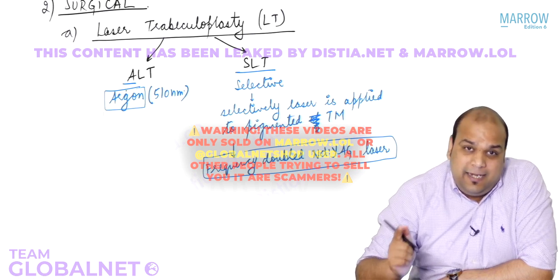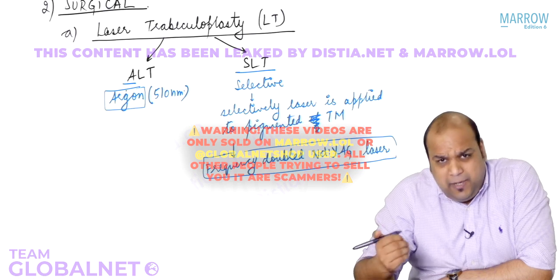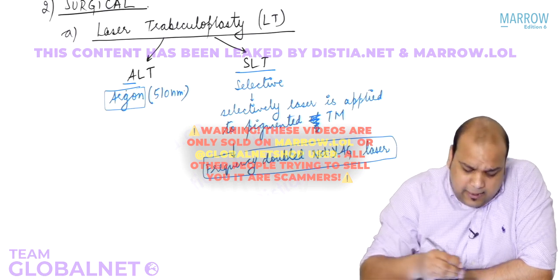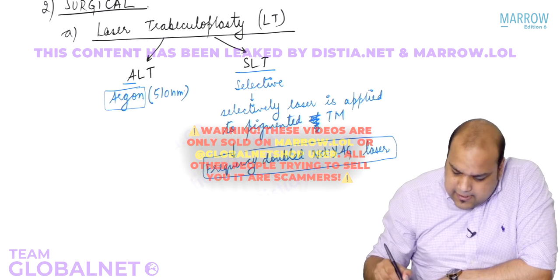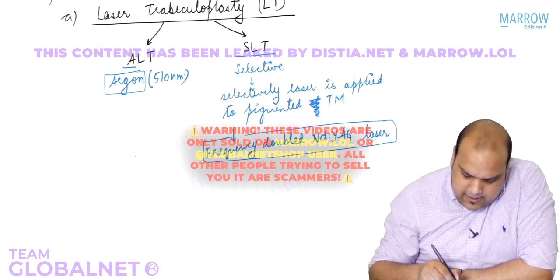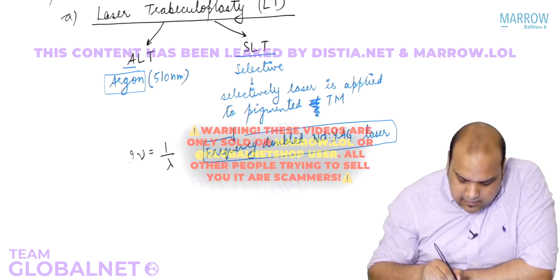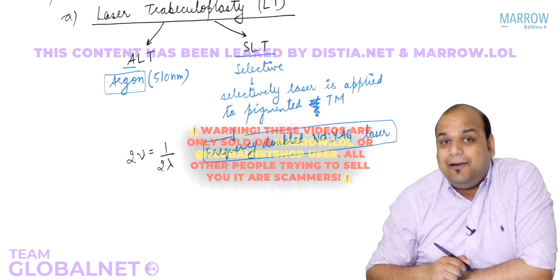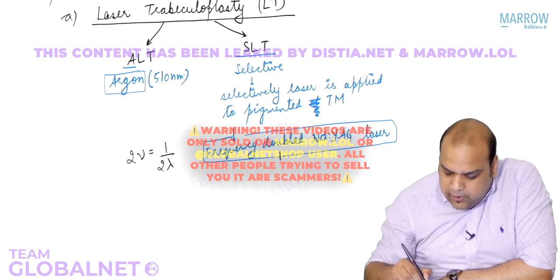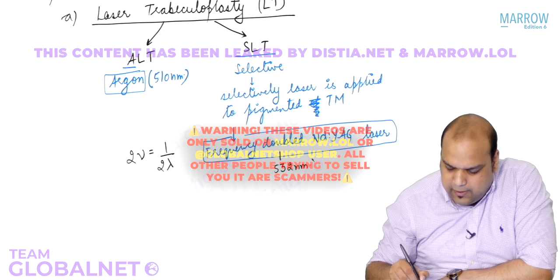In the chapter lens, ND-YAG laser capsulotomy. Are we breaking the trabecular meshwork here? No. That is where physics comes in, everybody. We are saying frequency doubled. If you remember physics, physics used to say frequency is inversely proportional to wavelength. If I double the frequency, the wavelength will become half. So the wavelength of frequency doubled ND-YAG is 532 nanometer.